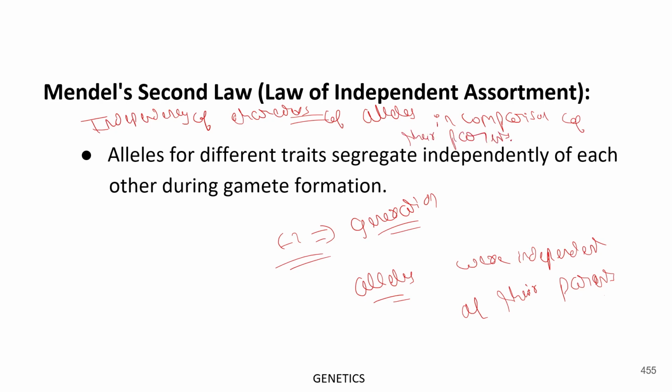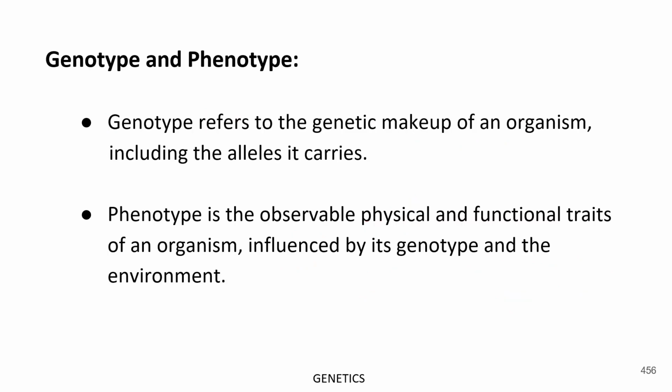Whatever their parents' characters, this law of independent assortment says that during the F2 generation and upcoming generations there will be an independency of alleles. So you can write down this statement so that it will help you in the exam. Got it? So here we have finished two main laws of Mendel's genetics. Okay, now let's move forward.